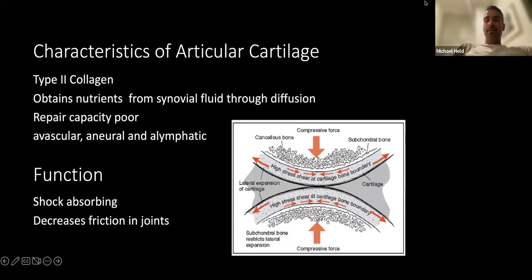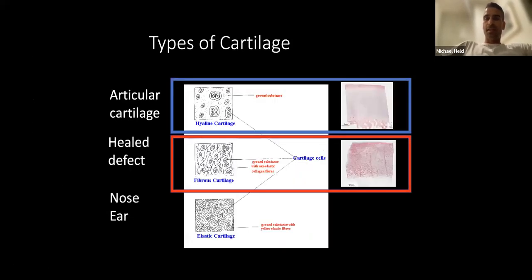It is avascular, aneural, alymphatic, and the cells in the cartilage are quite lazy. They're quite big, they don't really communicate with each other, so they don't like to repair, and they react very slowly. We know that the function is absorption and to decrease friction of the joints.